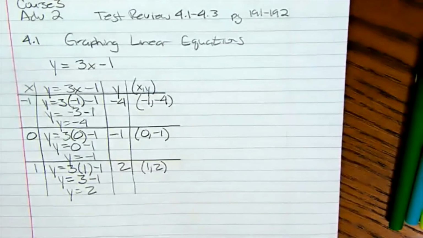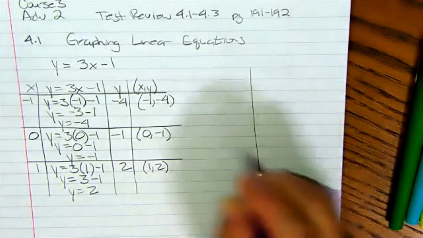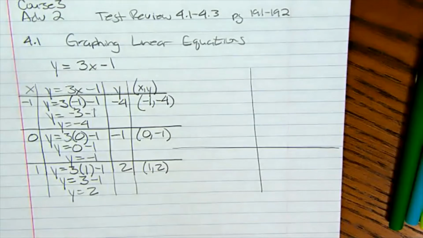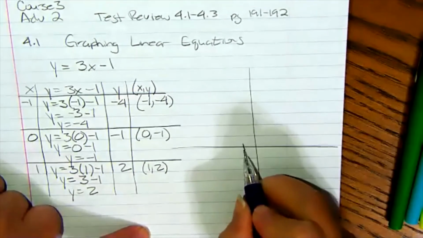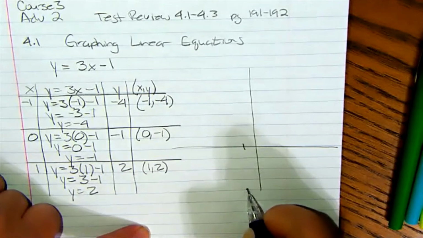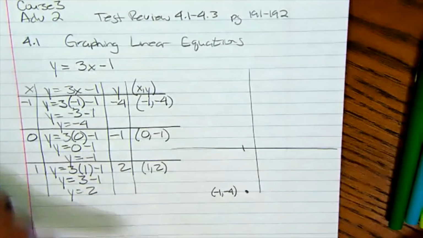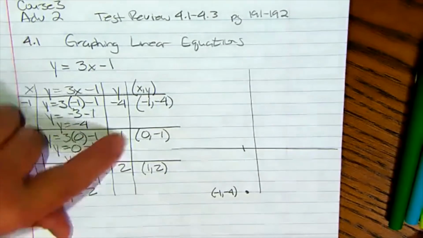So now I have to graph this. I'm going to create my graph. I have negative 1, negative 4. Negative 1, 1, 2, 3, 4. Negative 1, negative 4. Do you need to label your points? It's probably a good idea.